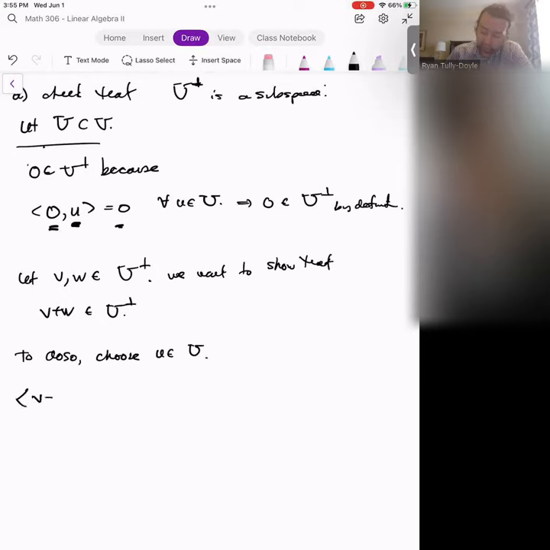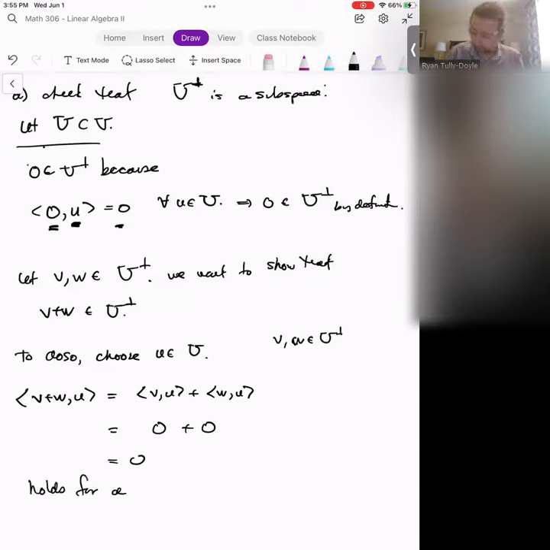So we're going to compute this. And what does that equal? Well, I can use the inner product property to pull this apart into the inner product of V with u plus the inner product of W with u. But because V and W are in the perp of U, each of these must be equal to 0. Since they're equal to 0 for every choice of vector u, this is equal to 0, and this holds for all u in U. That was an arbitrary choice, which implies that V plus W is in the perp of U. It's closed under addition.